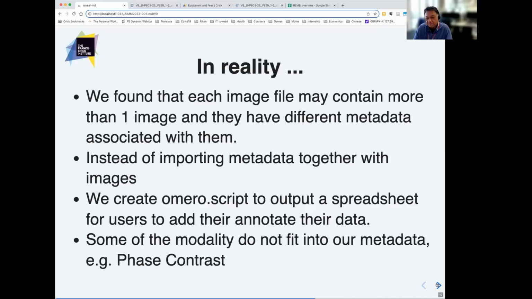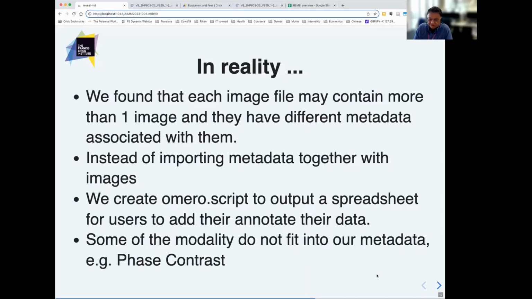So we have to import the images, and then we create an OMERO script that will output spreadsheets to users on all the images, such that we can match the annotation to those things. However, we found out that some of the modalities do not fit into our metadata.